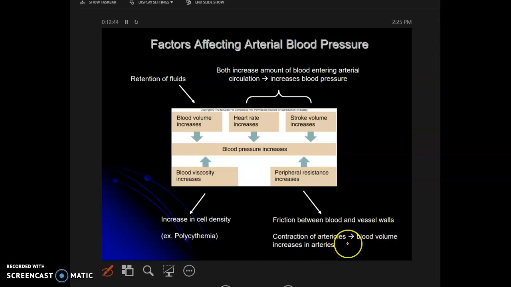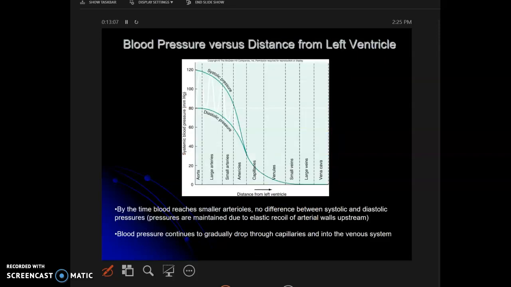If there's contraction of arterioles, or if there's plaque in the arterioles, there will be more peripheral resistance. All these factors are going to increase blood pressure. Now, this information obviously will be very important, especially when we're talking about blood pressure, which is a bane, a problem in the modern day world.